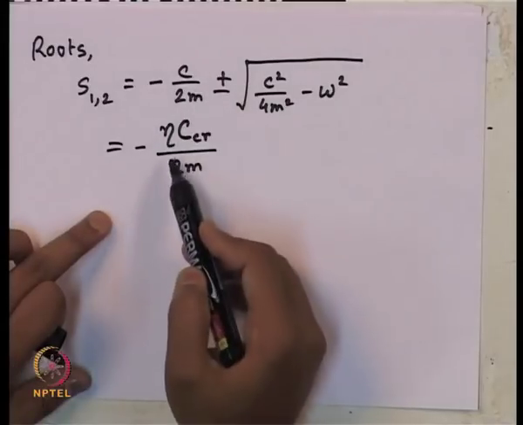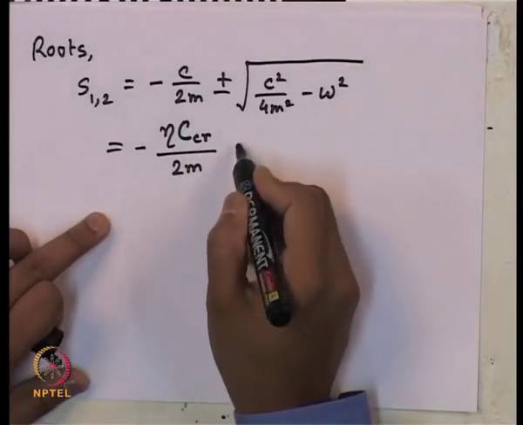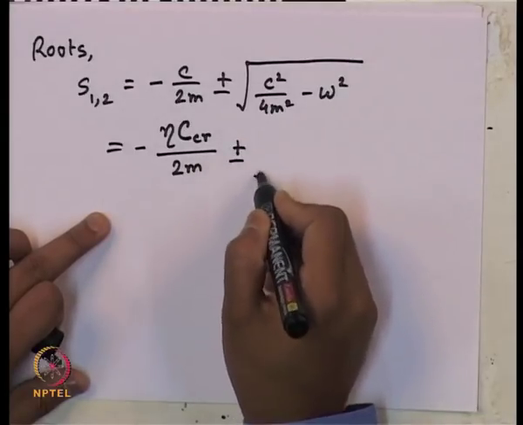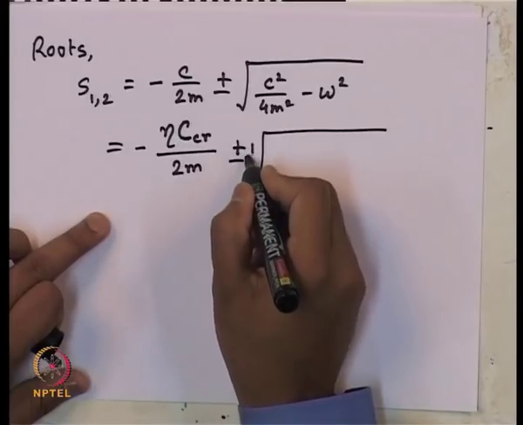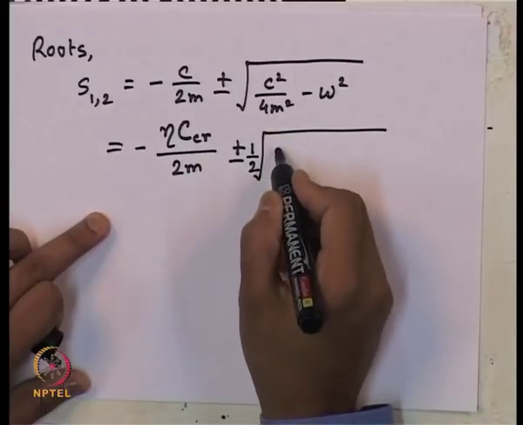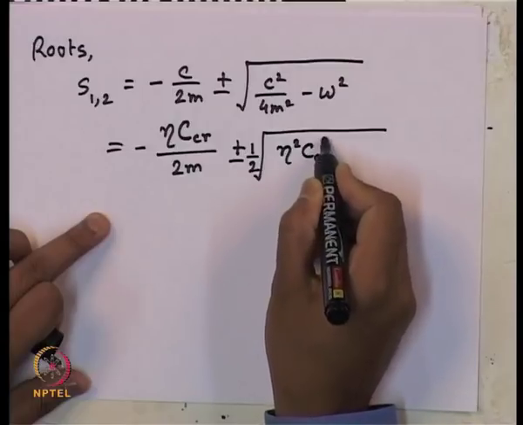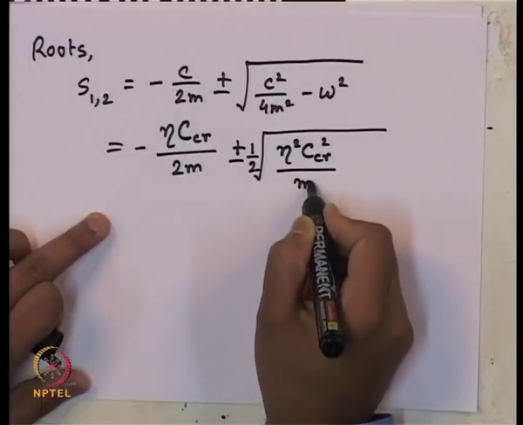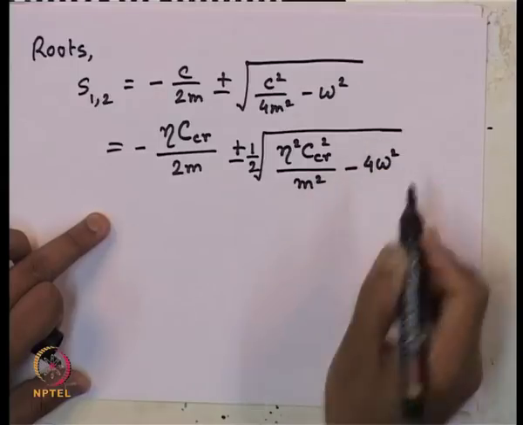So, we can write c as eta times CCR, plus minus, let us take half outside the root, root over eta square CCR square by m square minus 4 omega square.